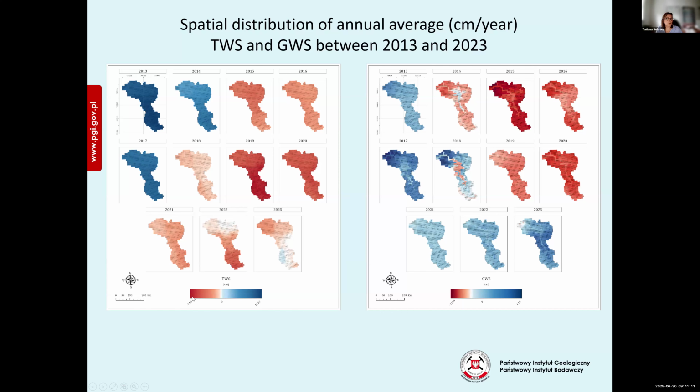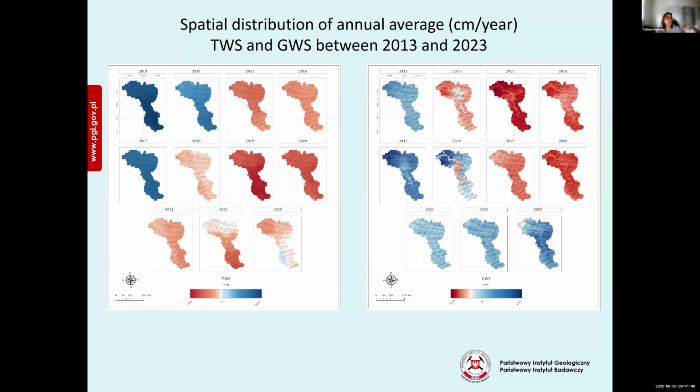Total water storage varied from -7 to 10 centimeters, while groundwater storage exhibited a much smaller range from minus 2 to 2 centimeters, indicating a significant contribution of shallow storage variability to total water storage fluctuations.